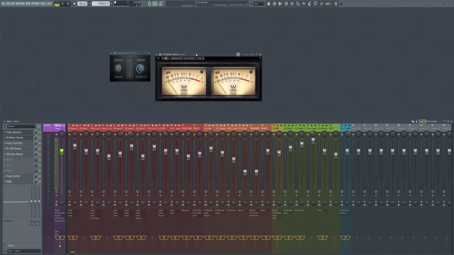And this VU meter will also help us determine how much signal we're getting from each channel that goes to the master bus, just to make sure that it's always hitting this sweet spot.